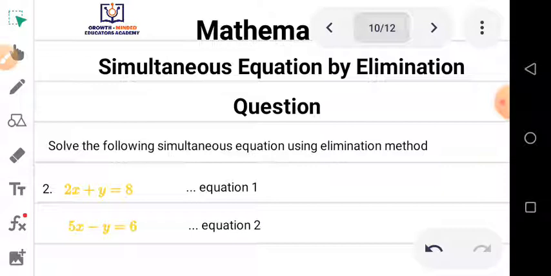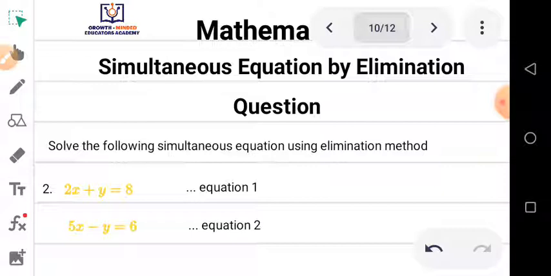So with this, what I can easily do is add them together, and then we're going to get our answer. This is a very straightforward question, not like the first one I did. The first one was double the work: they had the same sign, which made it a bit more complex, and they had different coefficients, so you had to multiply first.